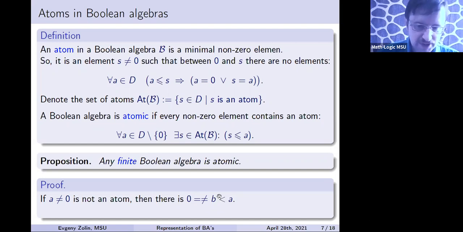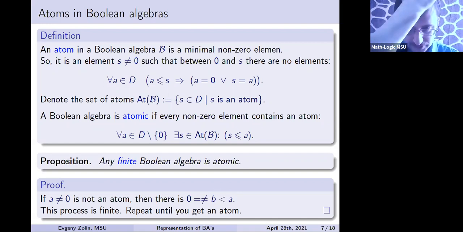If B is an atom, then we are done. If B is not an atom, then again there is a non-empty element C that is smaller than B, and so on. We continue this process, but this process is finite because we live in a finite Boolean algebra. So eventually we obtain an atom that will be below A.